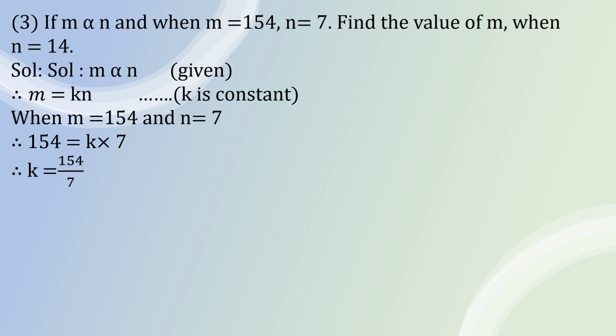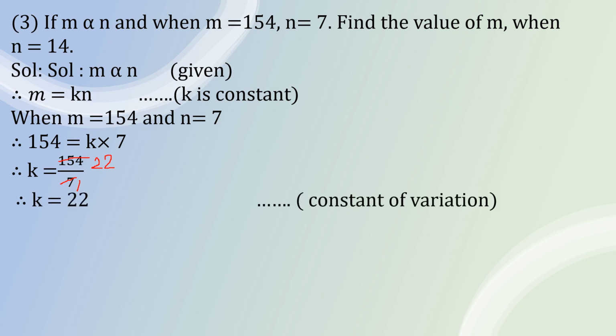Now we can cancel this term. 7 ones are 7. Now 154: 15 first you take. 7 twos are 14. So 2. 1 left, 15 minus 14. So again 4 is there, 14. So 7 twos are 14. So the k value comes out as 22. Therefore k is equal to 22. That is the constant of variation.